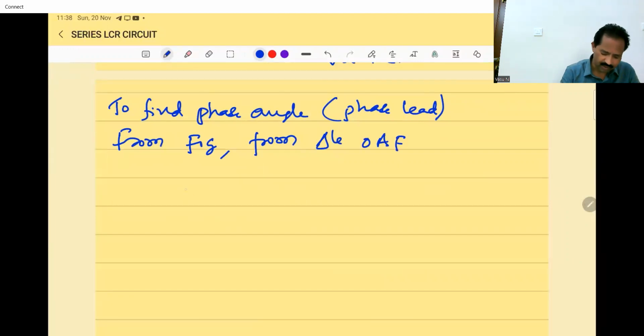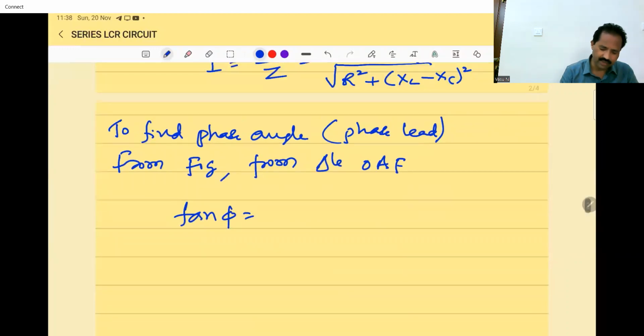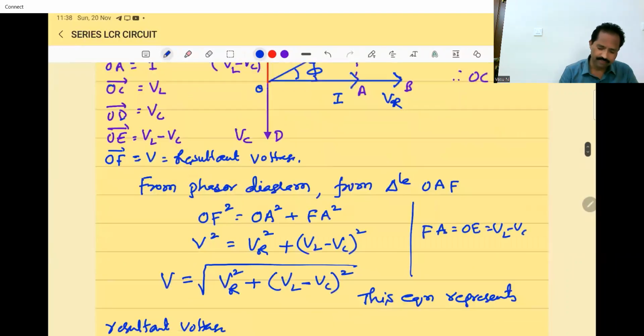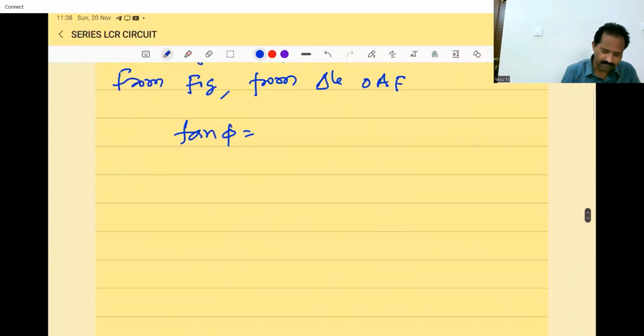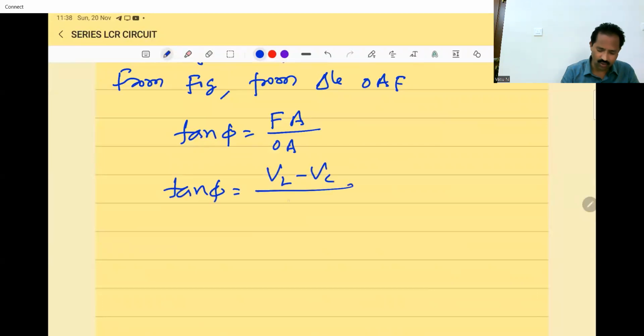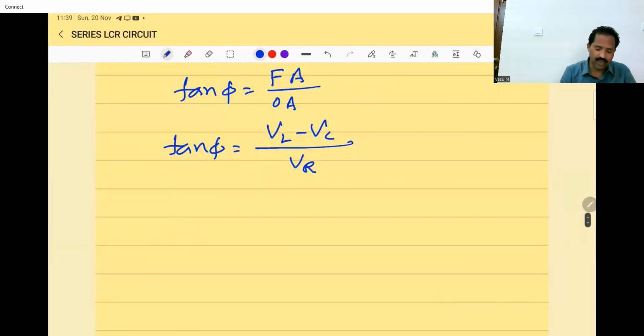we can write tan phi is equal to opposite side by adjacent side, FA by OA. Correct? Tan phi is equal to, what is FA? VL minus VC. What is OA? VR. If you know VL, VC, VR, we can find tan phi.